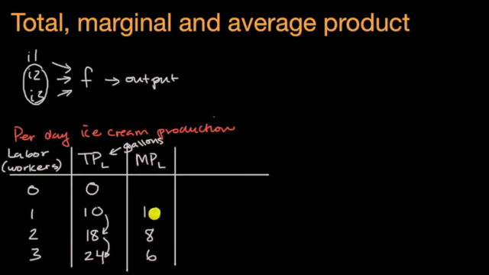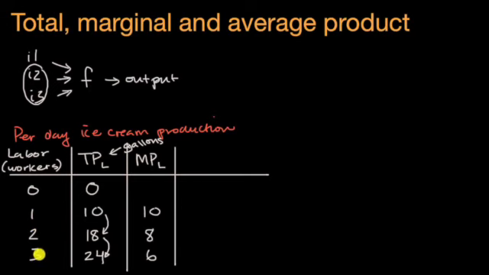Now, there's something interesting that you're immediately seeing here, and this is actually pretty typical: your marginal product of labor will oftentimes go down the more and more people that you add. And you might say, why is that the case? Well, they're just not going to be quite as productive. That second person might be waiting while the first person is using the mixer, and that third person is going to be waiting while the first and second person are using it.